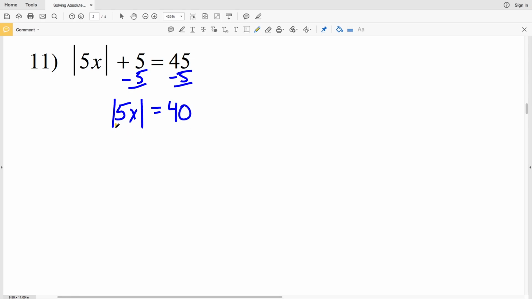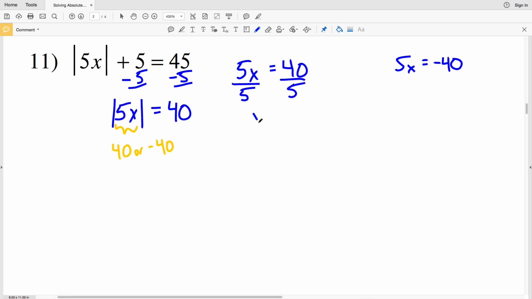So that means this quantity, 5x, either equals 40 or it equals negative 40. So let's set up our two separate equations. 5x equals positive 40 or 5x equals negative 40. For when 5x is positive 40, we'll divide both sides by 5 and get that x is equal to 8.